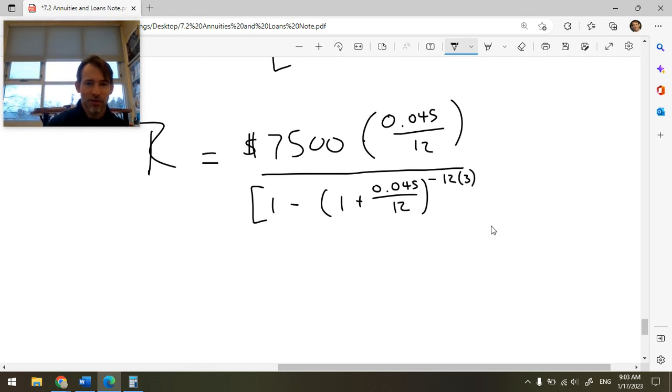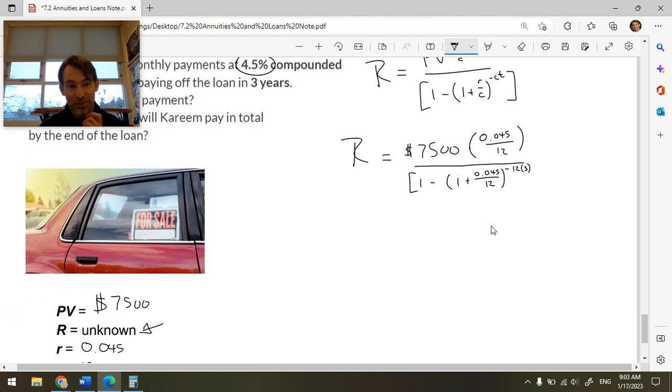Let's simplify. Zoom out a little bit. Do I have any cancellations between 7,500 and 12? Yes, indeed there is. They're both divisible by 3, so I could do that if I wanted, but let's actually simplify this one. It's going to be more useful. So 45 over 12, I can take out a factor of 3.